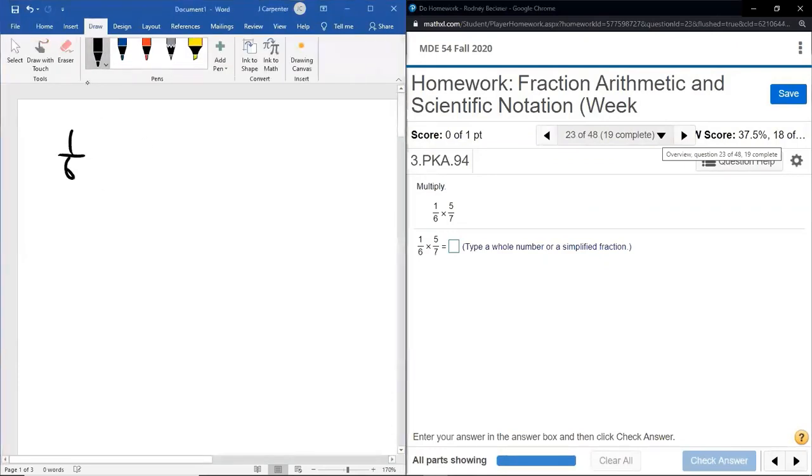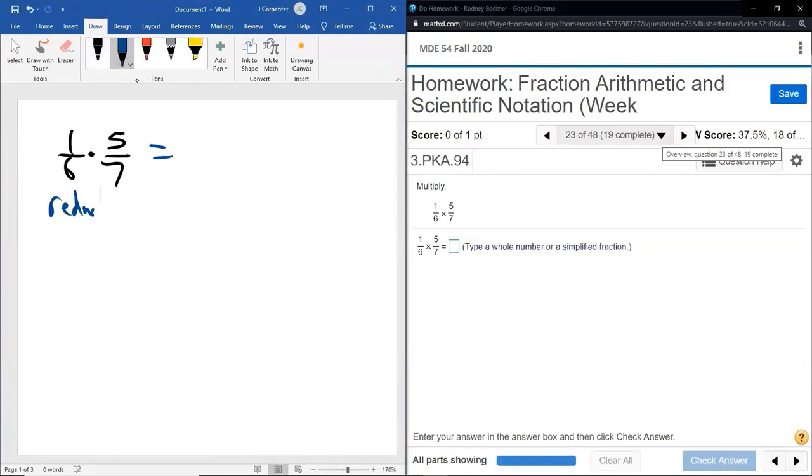All right, so 1/6 times 5/7, just changing my multiplication symbol. There's tons of multiplication symbols. Don't care which ones you use. So if you see any common factors top and bottom, you can reduce or cancel them, which 1 and 6, nope. 5 and 6, nope. 5 and 7, nope. 1 and 7, nope. So in that case, you just multiply straight across.